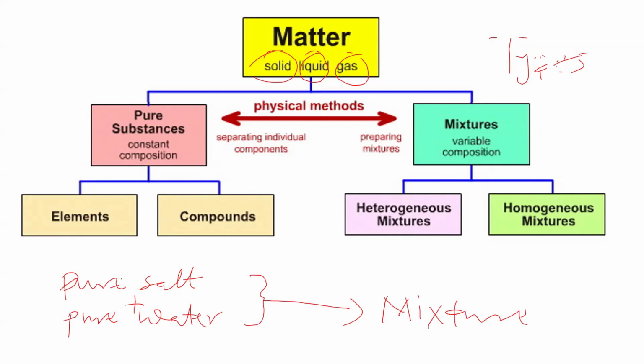So it means that pure substances can be combined to form a mixture, and the mixtures can also be separated back to give the pure substances by separating the individual components of the mixture using the various separation techniques.